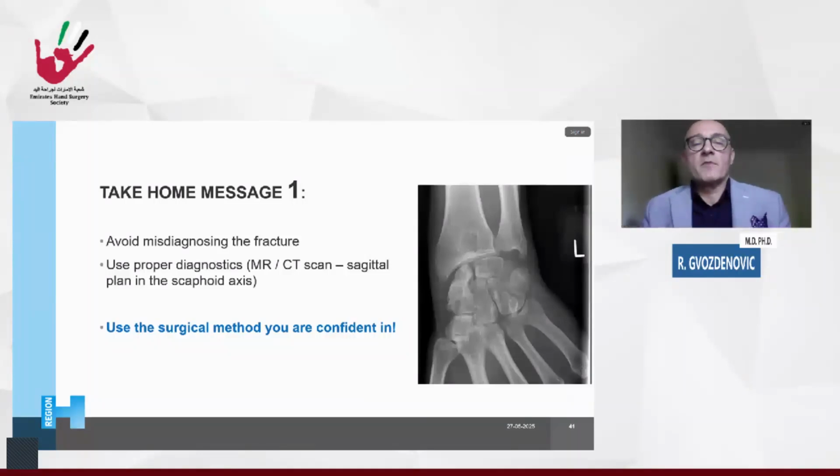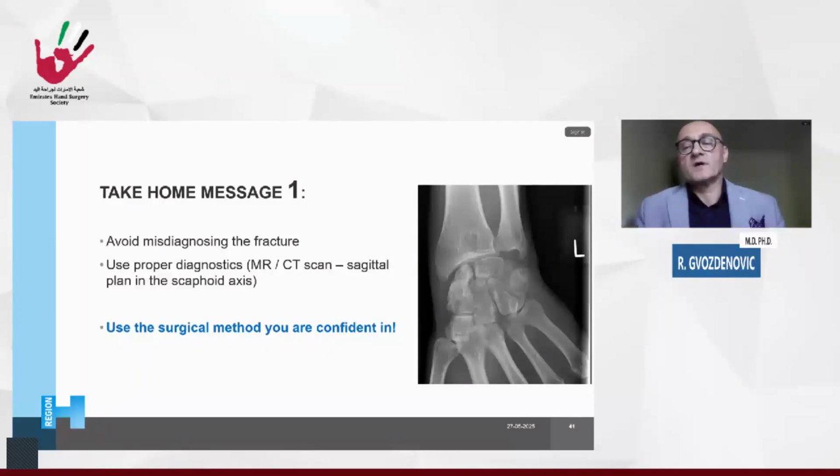So take-home message number 1 from me will be: if you can, make the settings back home in your clinics to avoid misdiagnosing the fracture. Always use the proper diagnostics, meaning in the acute phase, either MRI or a dual energy scan.